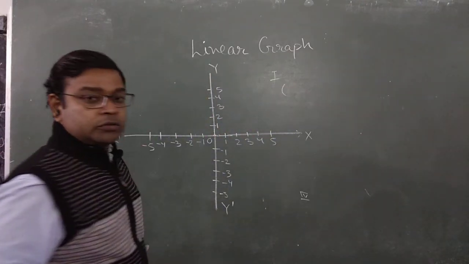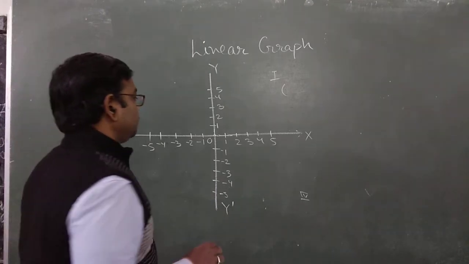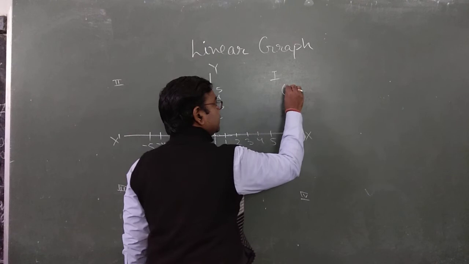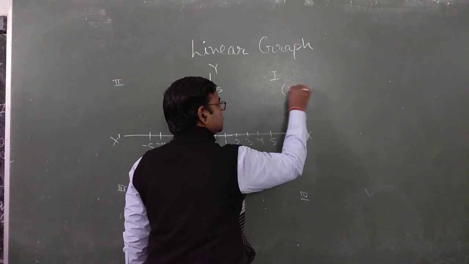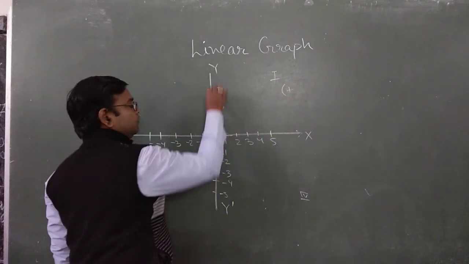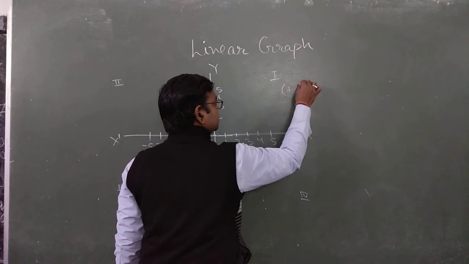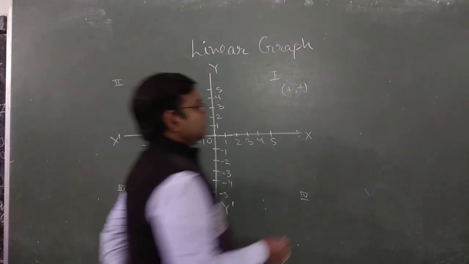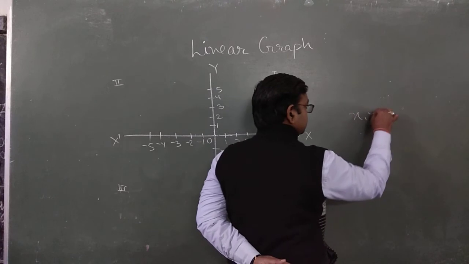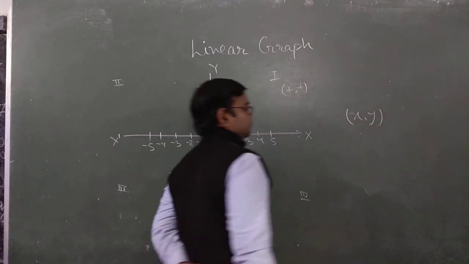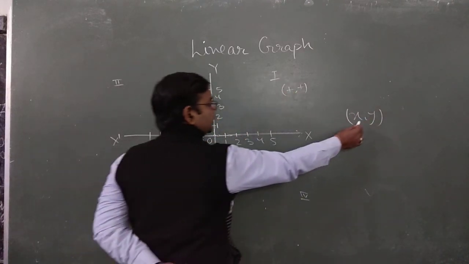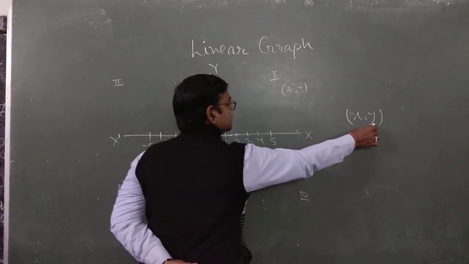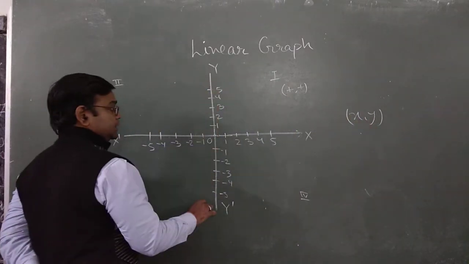We also know about the ordered pair. In an ordered pair (x, y), the first part represents the x-axis and the second part represents the y-axis.